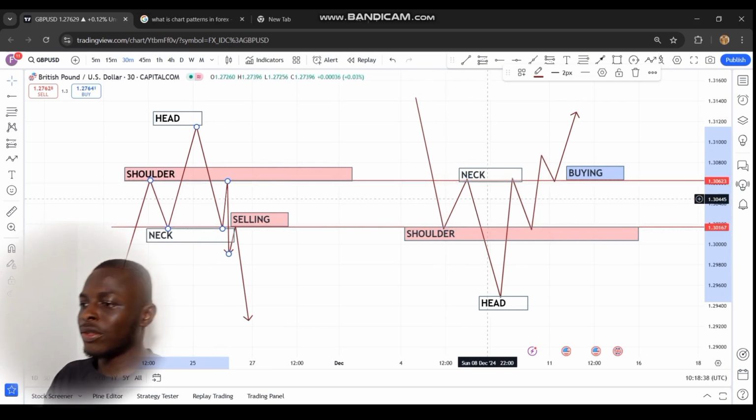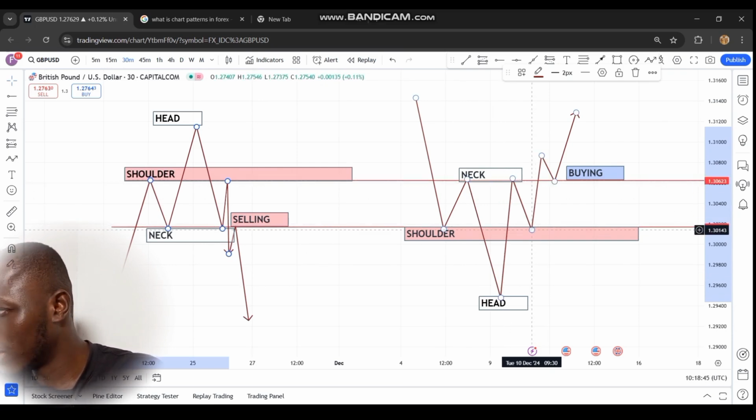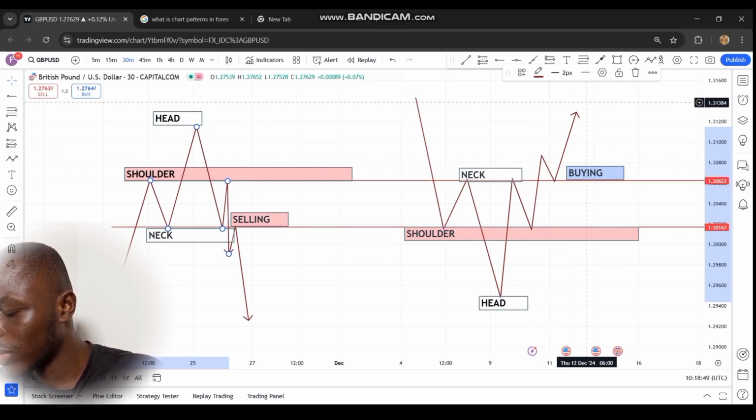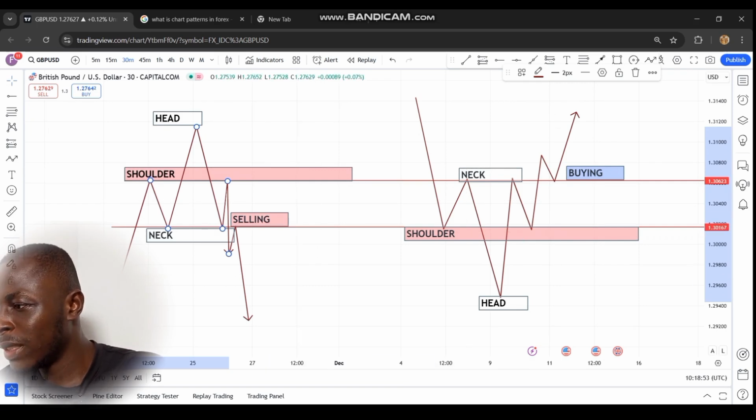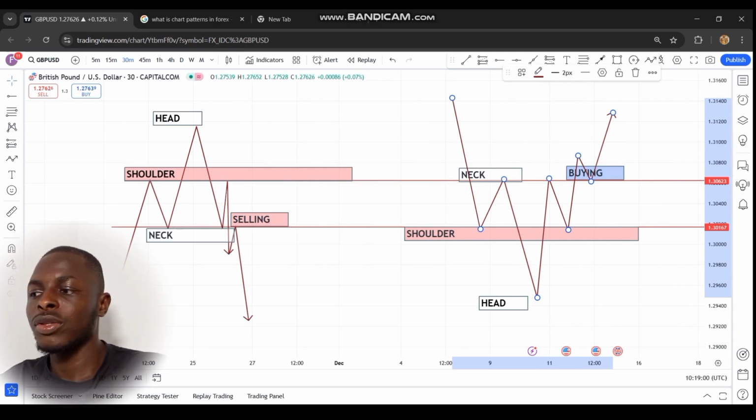If you notice this, before price went about 600 pips, it actually gave us about how many pips here? About 100, let's say 150 pips, from this next zone that price took off from, right? See, this is the next zone the price took off from.